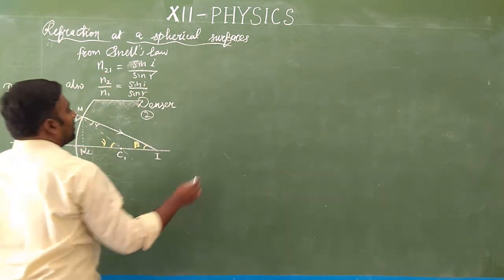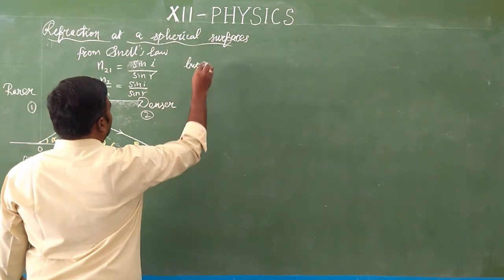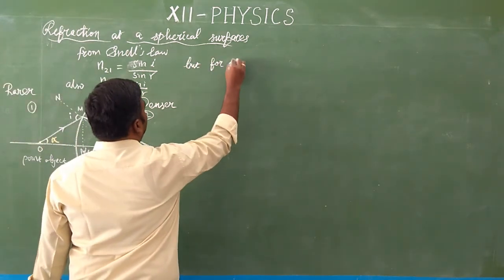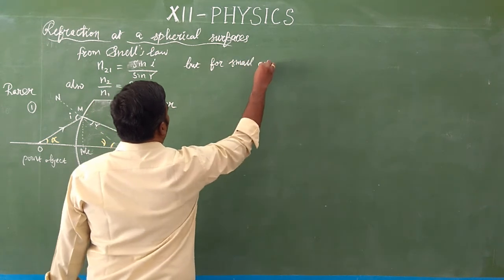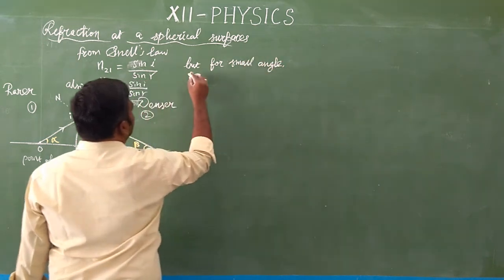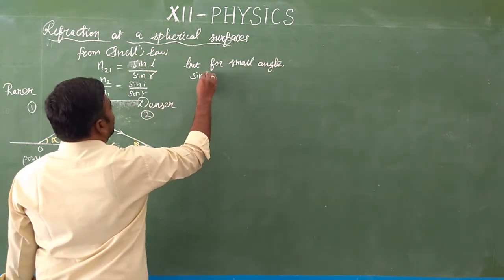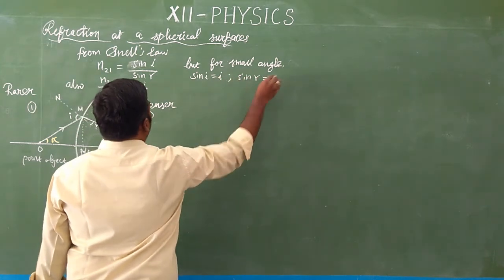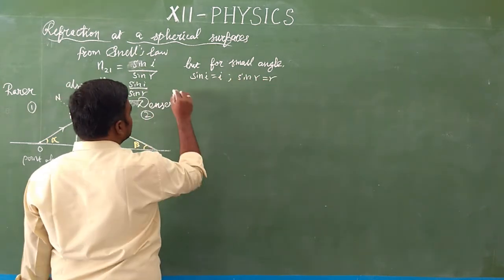But it is a very small angle. For small angles, we may consider sin i as i and sin r as r. Then how will you change the equation?